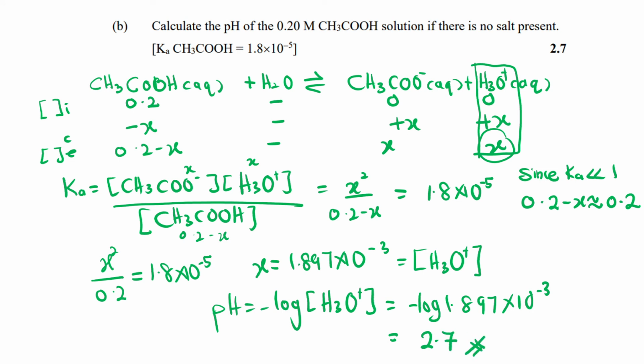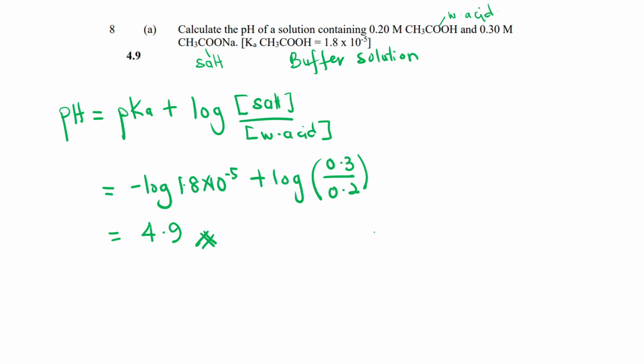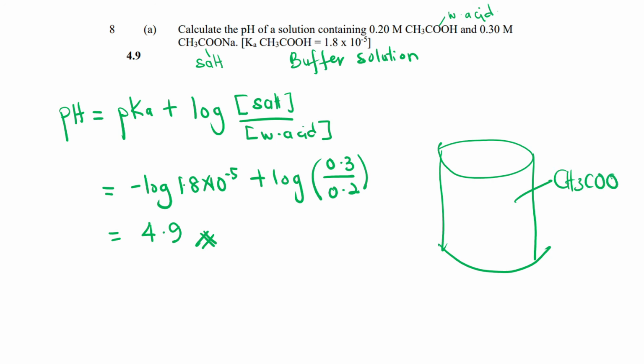So kita boleh tengok di sini, pH dia kalau tiada garam, pH dia 2.7, which is more acidic. Kalau ada garam tadi, kita kira pH dia adalah 4.9, because this is our buffer solution. Di dalam buffer solution we have acetic acid dan juga garam.